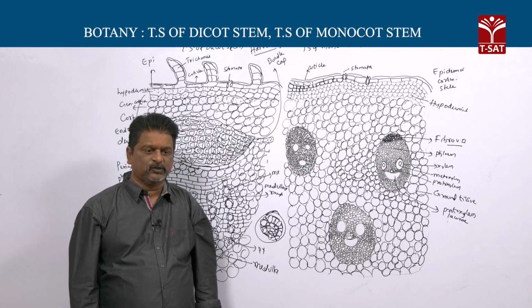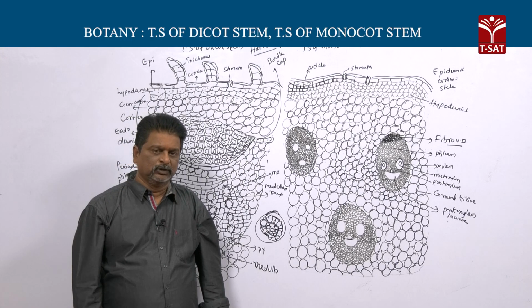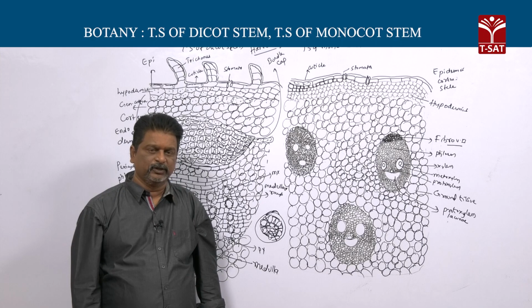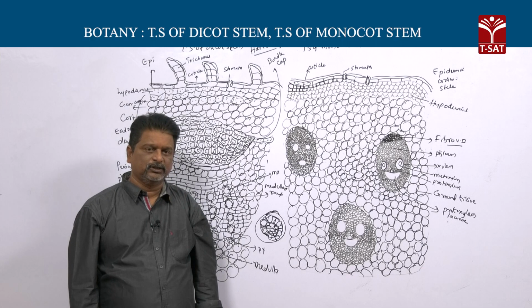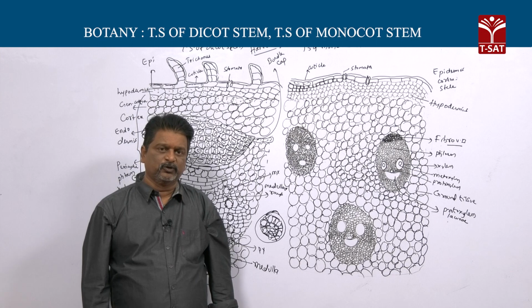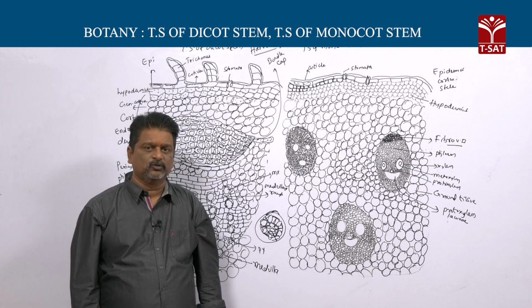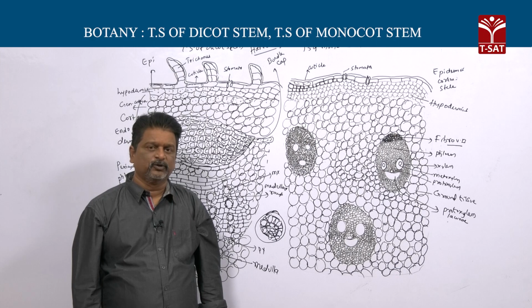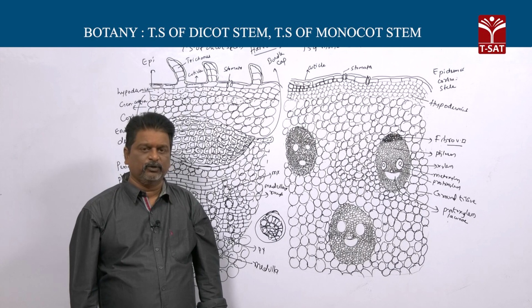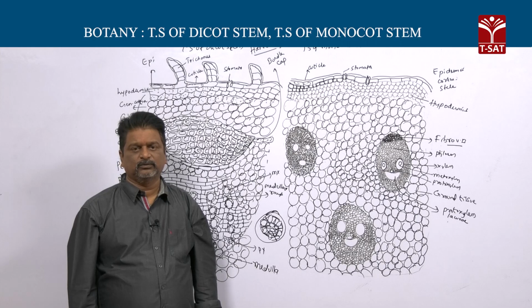Then next one, stele. It includes pericycle. Pericycle is present in both roots, but point is, in roots generally it is unilayered, and it produces lateral roots, but only in dicot root, pericycle produces both the cork cambium and vascular cambium.